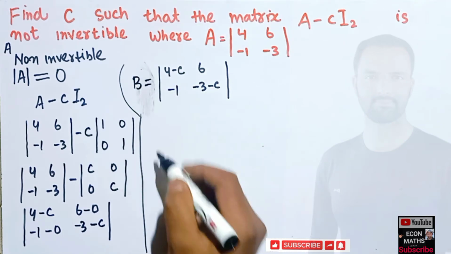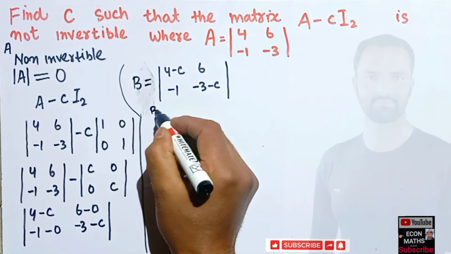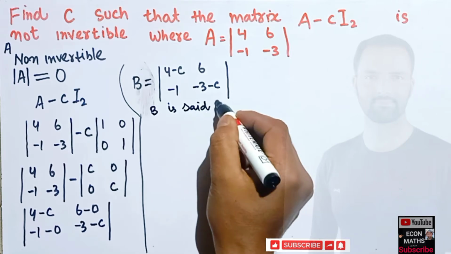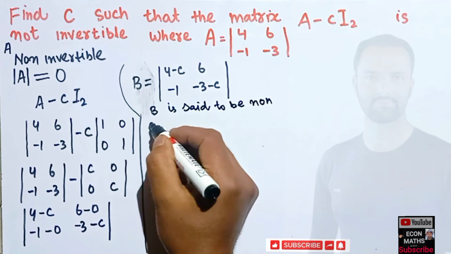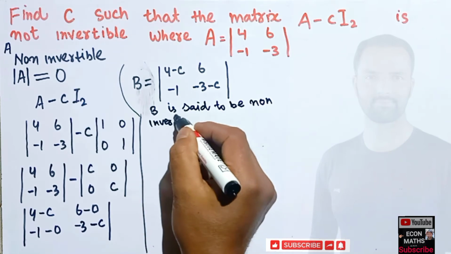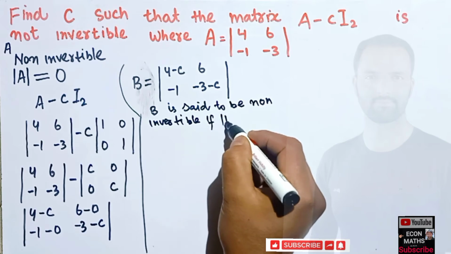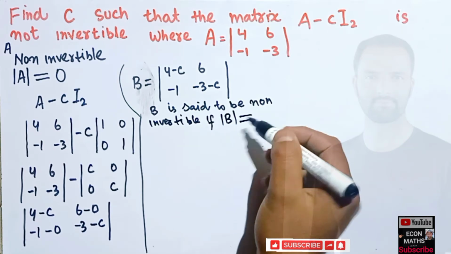Now this B is said to be non-invertible if the determinant of this matrix is equal to 0.